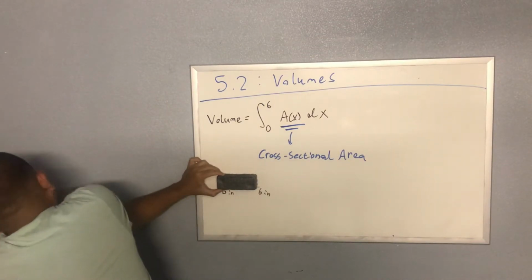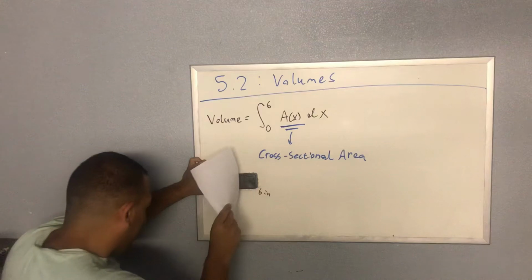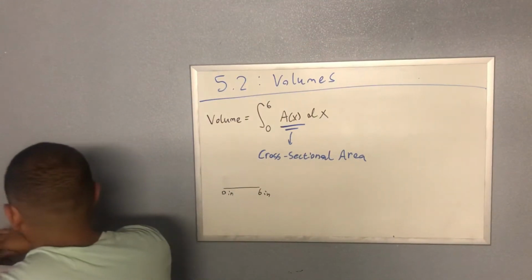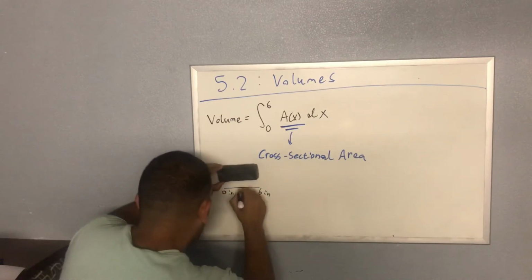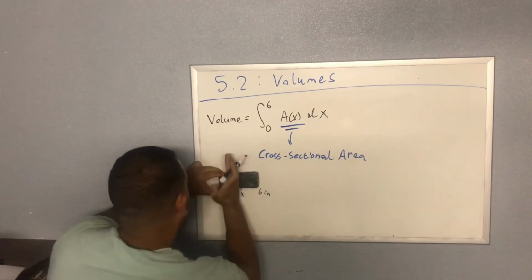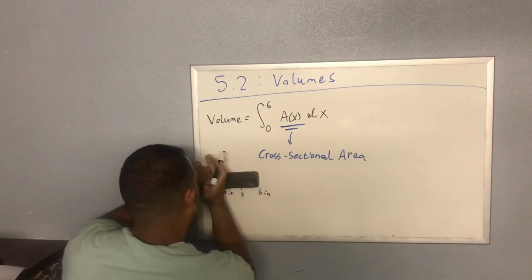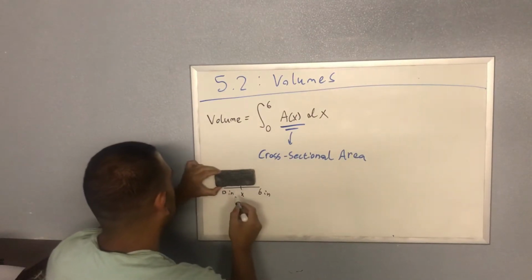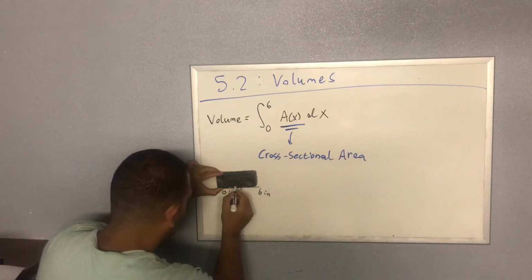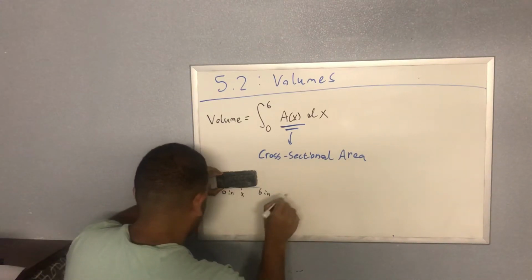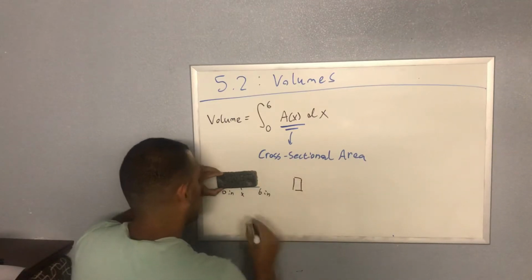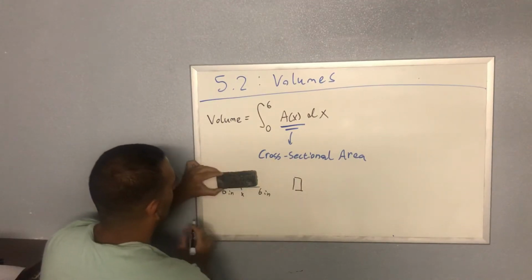So let's say that we slice like this. If we slice like that, then at each point X, if I pick a random point X, I can make a slice, right? So at any point X, the cross section that I get kind of looks like this.